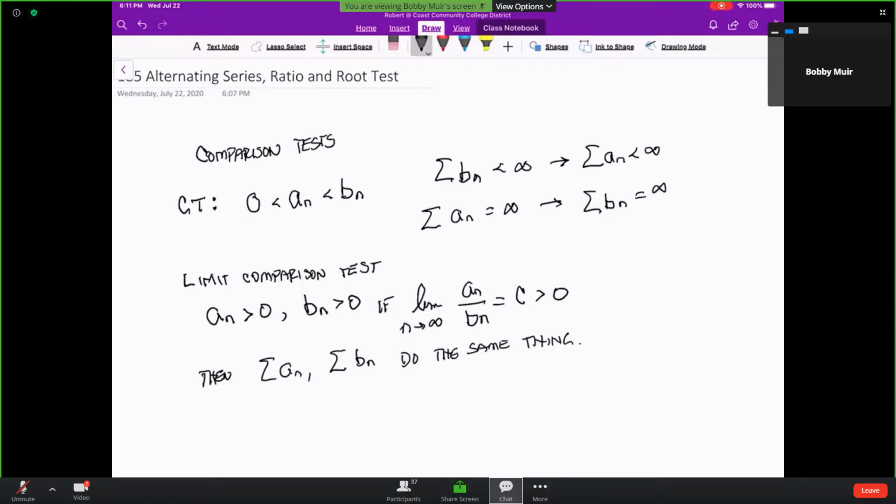Meaning they're both going to converge or they're both going to diverge. Okay.